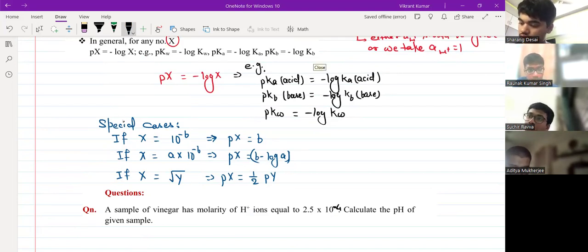Okay, so here the question comes that we need to deal with various logs. Now we can have two kinds of situations: either they give you the log value or they don't. If they have given you the log value, then just take that. If they have not given you, then you can have some approximations, but be cautious.